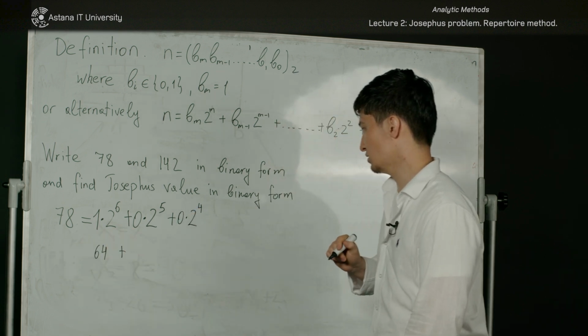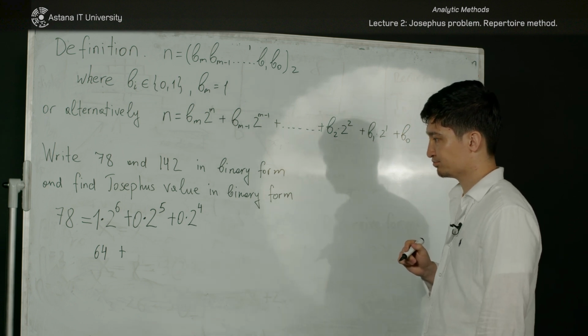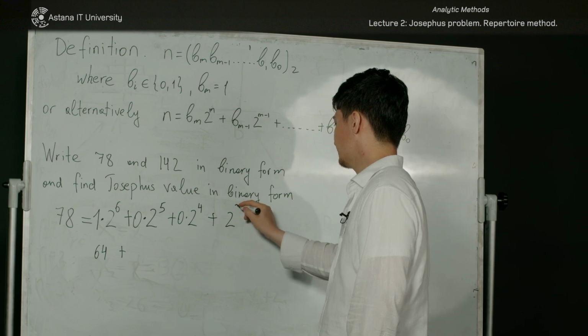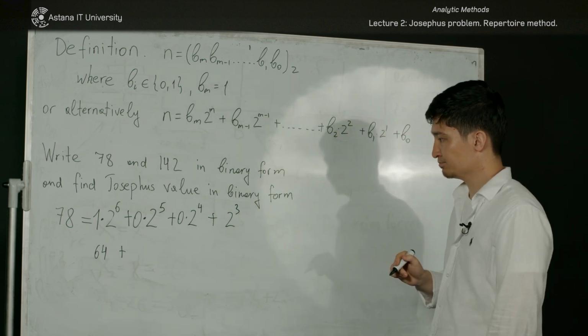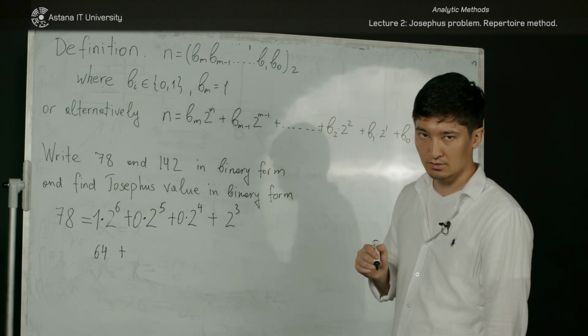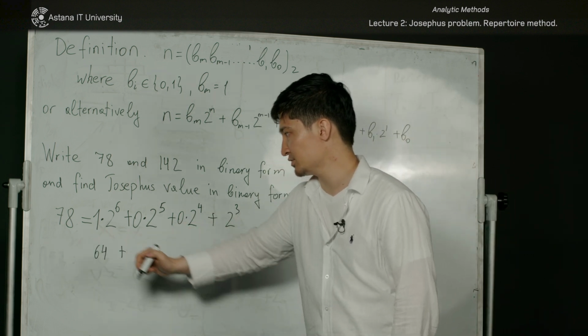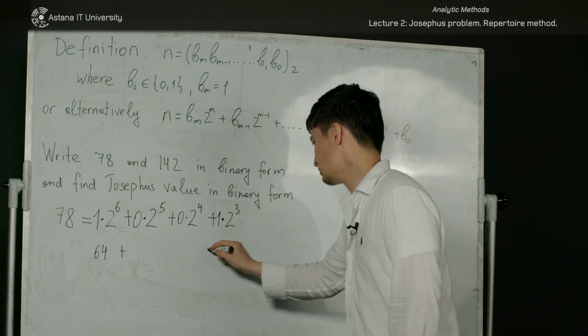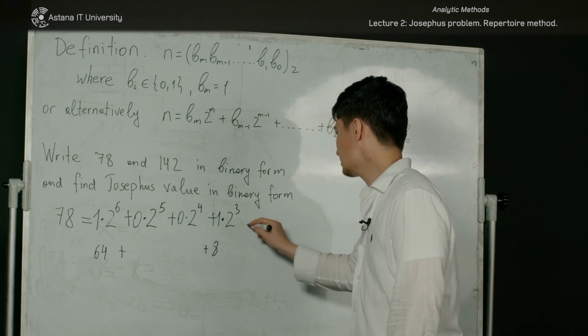I do not want to take it. Next power of 2 is 2 to the power of 3, which is 8. 8 plus 64 is 72, so it's less than 78. So I can take it, I will count it. Over here, let's say plus 8.